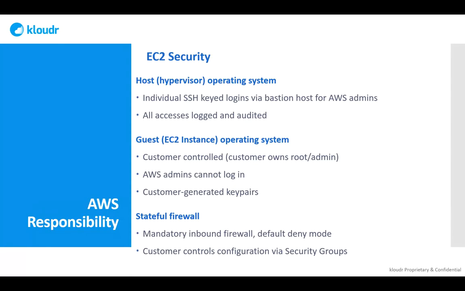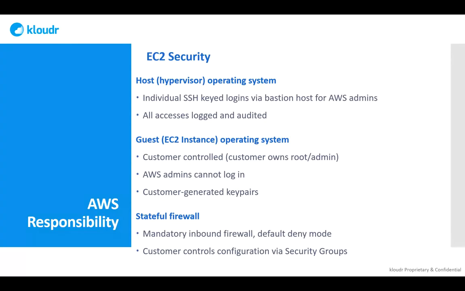AWS customers cannot access these hypervisors, for example, to check their logs. It will be AWS's responsibility to do it. On the other hand, AWS admins cannot access your virtual machines even if you open a ticket with their support. If you need anything checked from the console, the AWS support team will not be able to access it because they don't have the access.